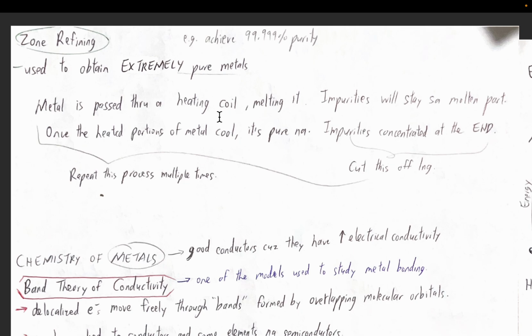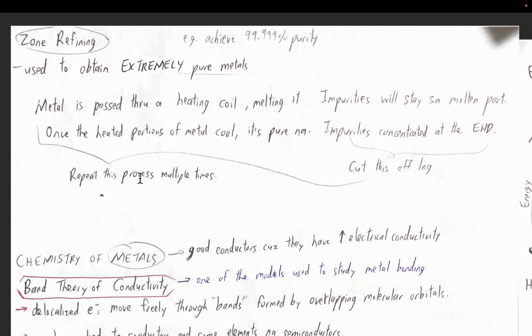So metal is passed through a heating coil, and the metal melts. Impurities will stay at the molten part, basically. And once the heated portions of the metal cool, in theory, that's supposed to be pure already. But of course, realistically, you can't say that after just the one round the heated portions are already pure.